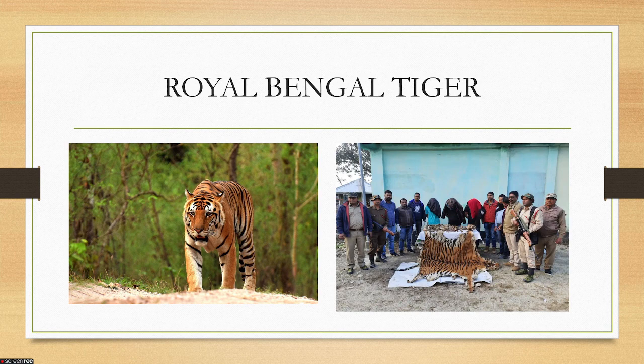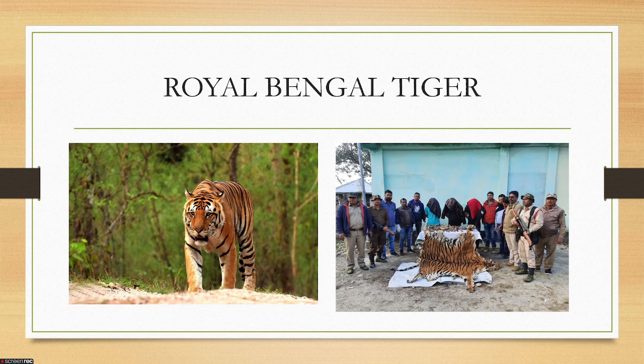Due to indiscriminate hunting for its valuable body parts and regular encroachment into its natural habitat, there is continuous man-animal conflict, which eventually resulted in a decline of the tiger population in Sundarban areas of both countries. It is a flagship species and also an indicator of the health of the forest and ecosystem.